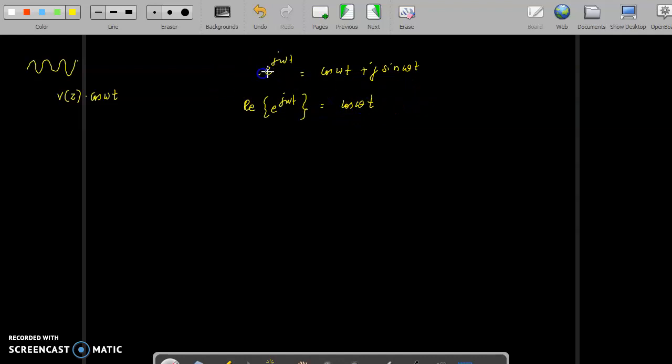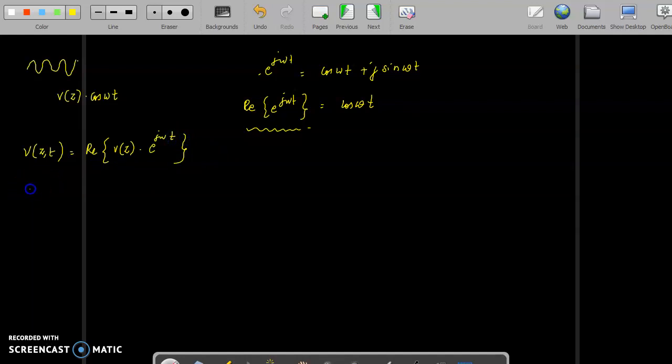Now I am going to multiply this part with V of z. So this function, which is a function of z and t, can be written as the real part of V of z times e power j omega t.